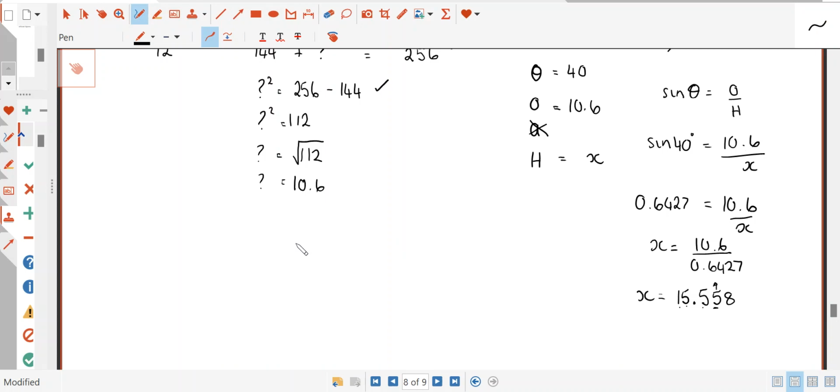So let's just compare this, guys. 10.583, okay, so we get that divided by 0.642, and you got an answer of, what was it? 16.46. Now, 16.46, 15.558. Who's correct?